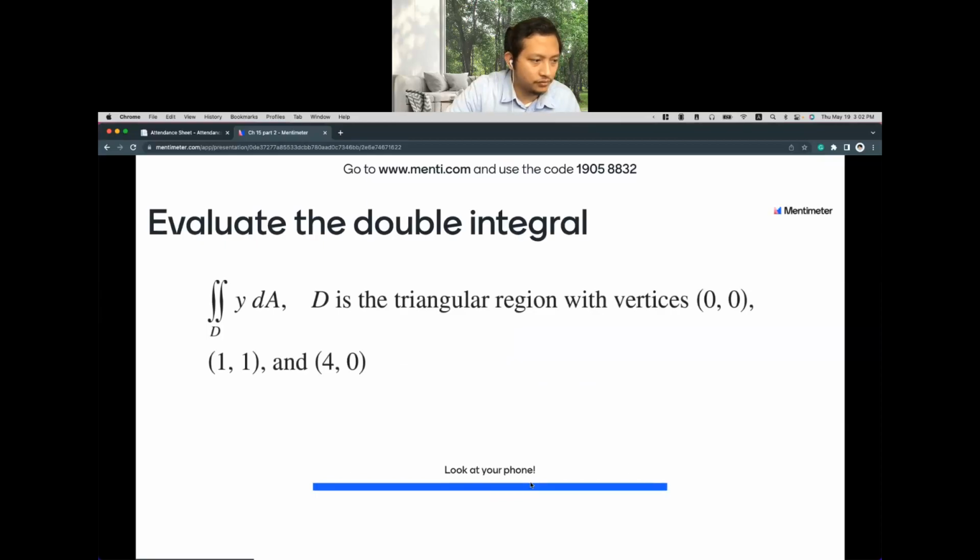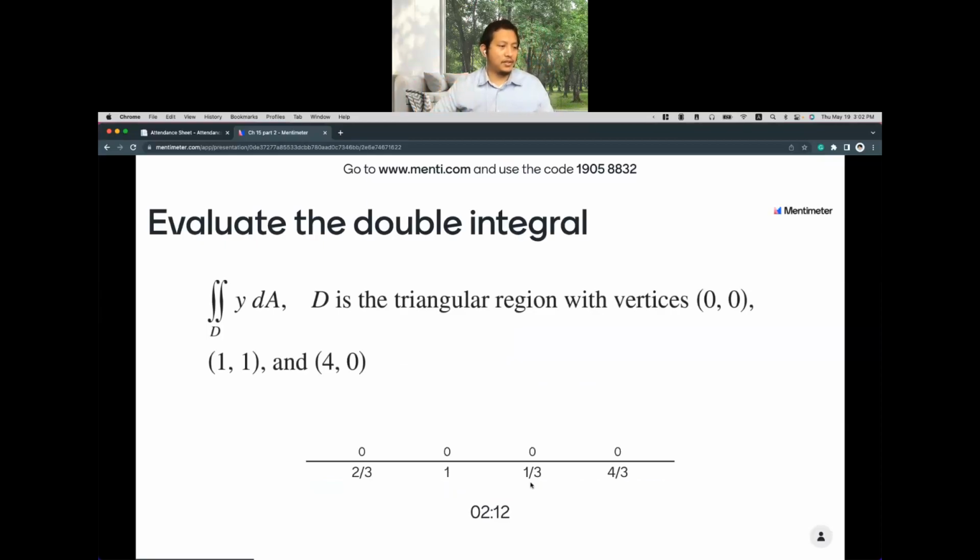Okay, the double integral. I hope around 2 minutes is okay with you? I showed this in the middle of the class before this feedback. Not sure why you're not paying attention.